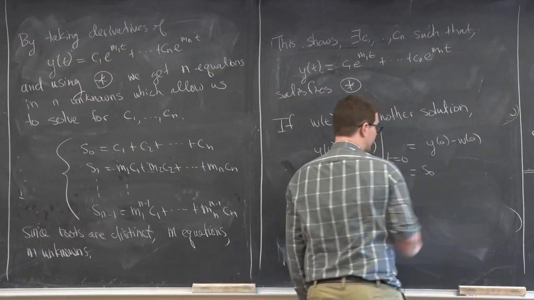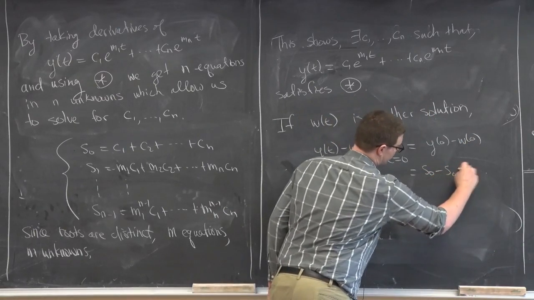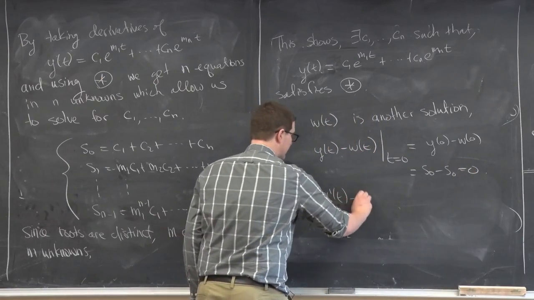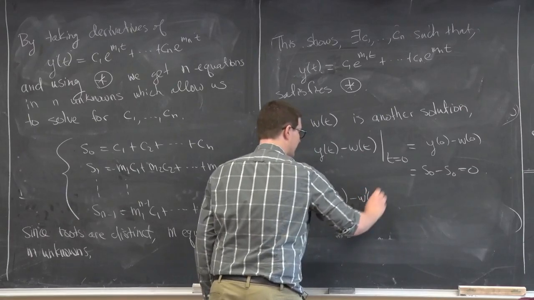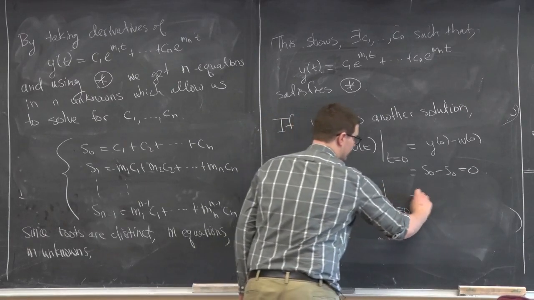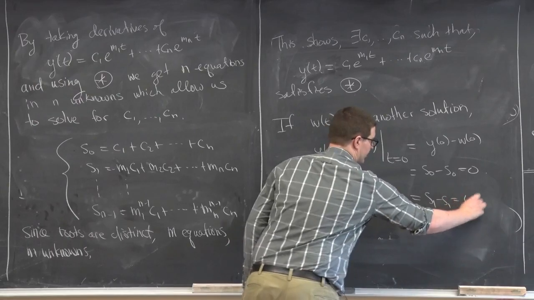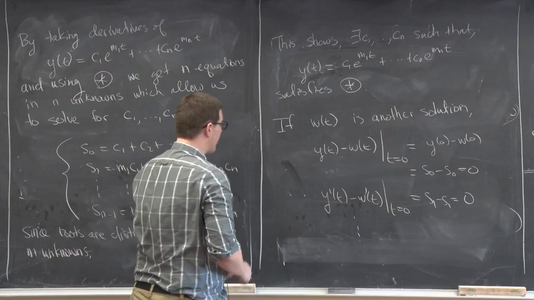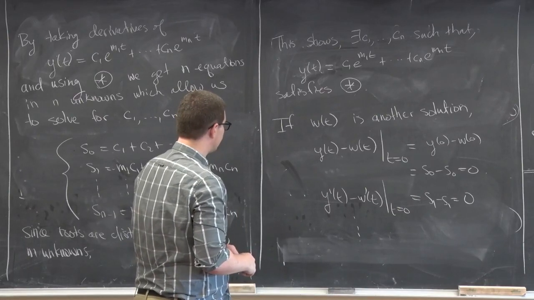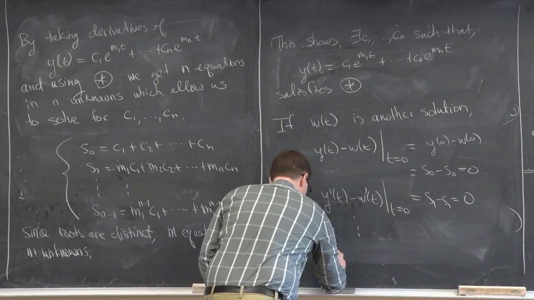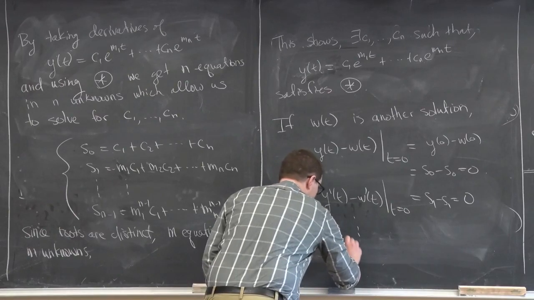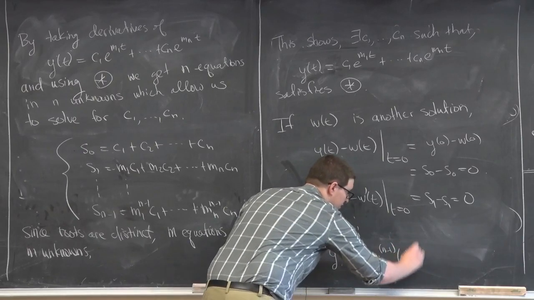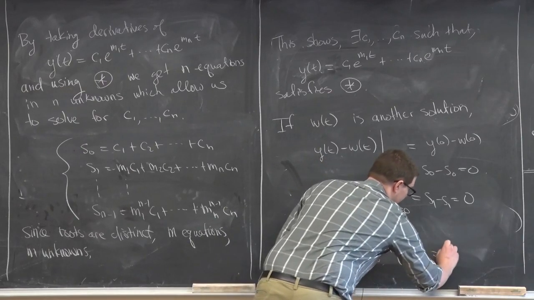This is equal to S0 minus S0, which is 0. Similarly, y prime of t minus w prime of t at t equal to 0 is S1 minus S1, which is also 0. Okay, and then you could continue going like this, all the way to the n minus 1 derivative of y minus w at t equal to 0 is equal to 0.